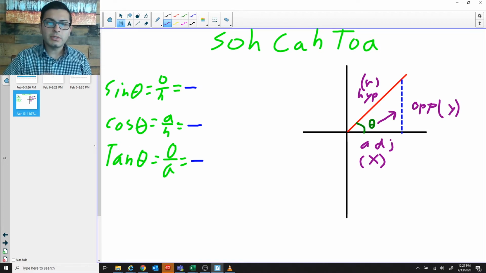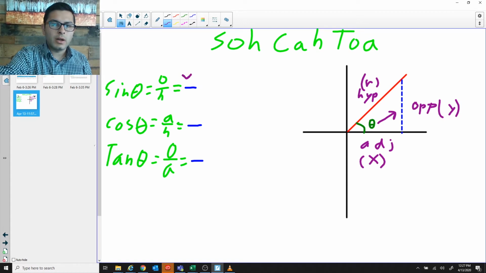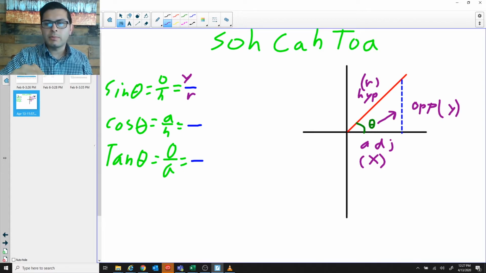Instead of saying opposite, we are going to put y. And instead of saying hypotenuse, we will put r instead. So now we have y over r. Now we're going to replace adjacent and hypotenuse as well. Adjacent is going to be our x value. Our hypotenuse is going to be our r value. Opposite for tangent is going to be y, and adjacent is going to be x. This is what we're going to use now.